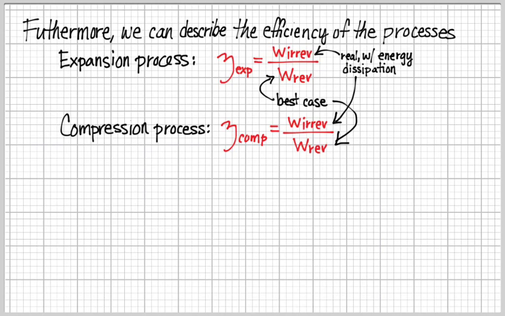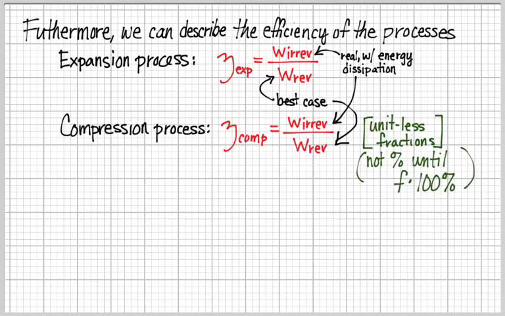Think about that. The energy in the numerator for the work should always be lower than the energy in the denominator for the ideal process. Otherwise, once we've reached 1, we've received an efficiency for a process that is the ideal. A good check is to see that this is a unitless fraction that we're describing. This is just a decimal value from 0 to 1.